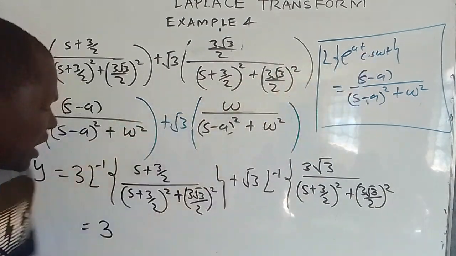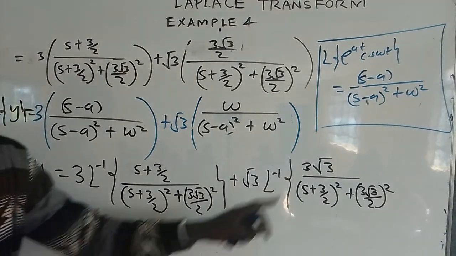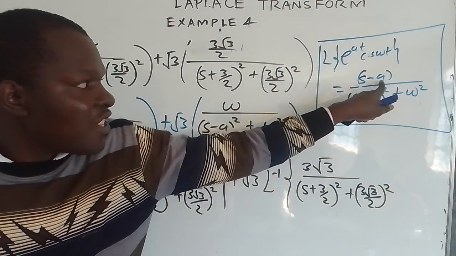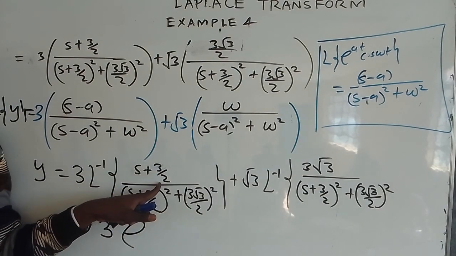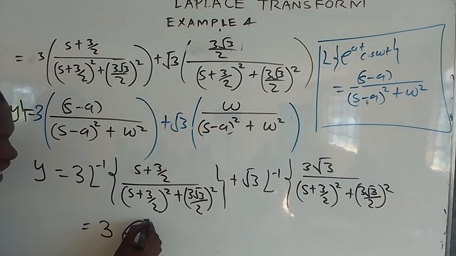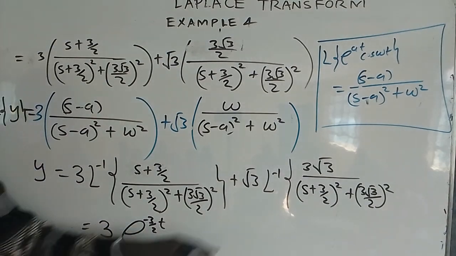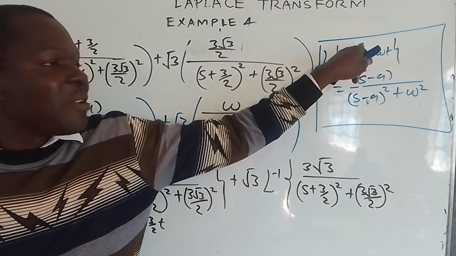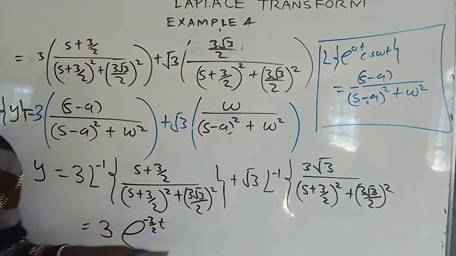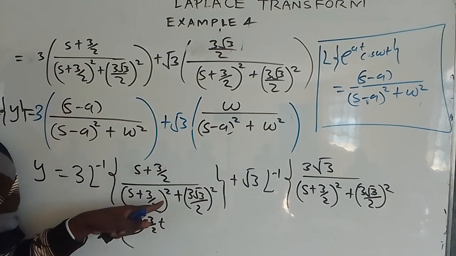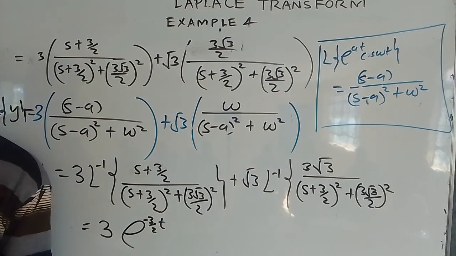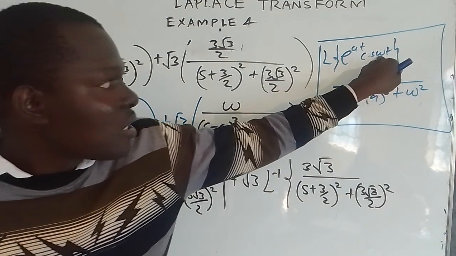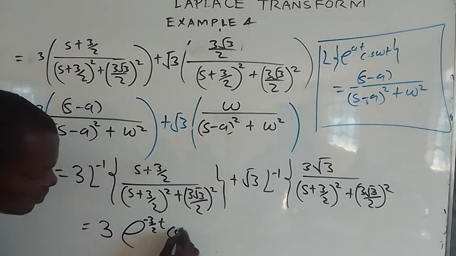It is supposed to be exponential AT. What is your A? It is S minus A. So you go S plus, meaning A is negative 3 over 2, so your A is negative 3 over 2 t. So it is exponential negative 3 over 2 t, because it is supposed to be S minus A. But you have S plus 3 over 2, meaning it is S minus negative 3 over 2, isn't it? Are we together? Then it is cos WT.